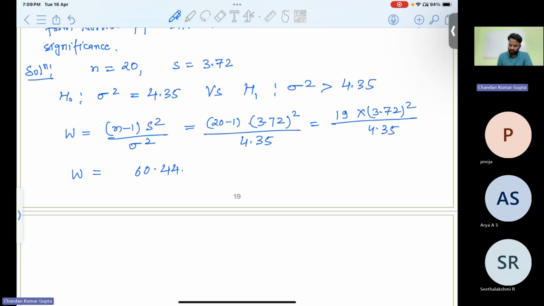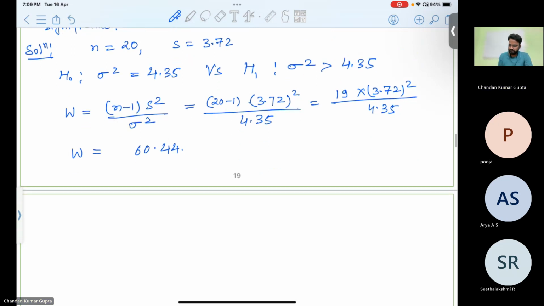Now, the tabulated value: chi-square with n minus 1 degrees of freedom at alpha, so it is chi-square with 19 degrees of freedom at 0.05. With the help of the chi-square table, this value comes out to be 30.144.